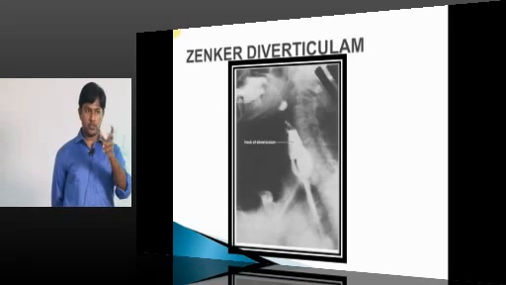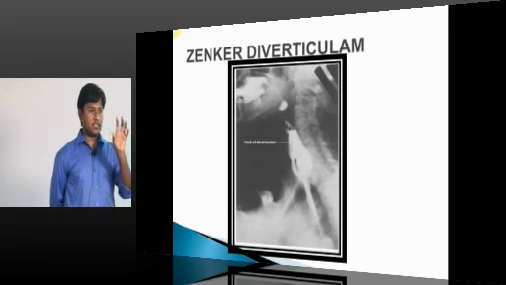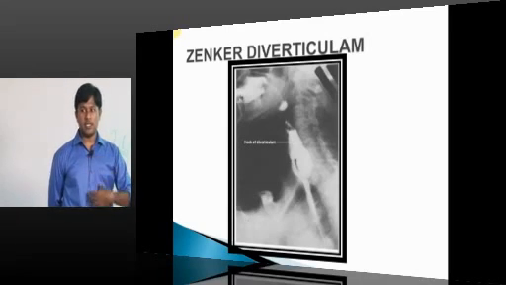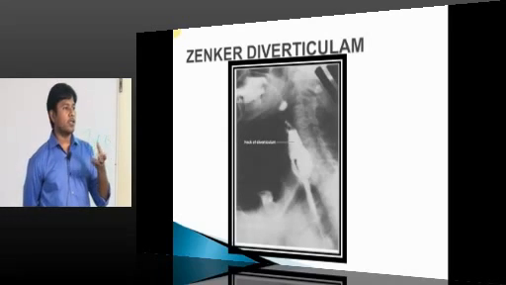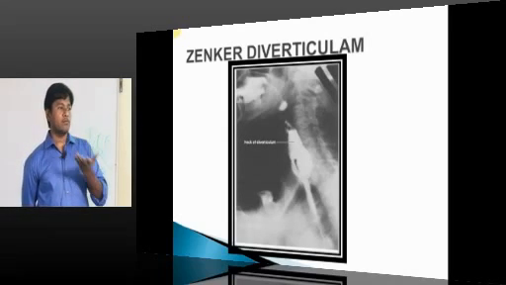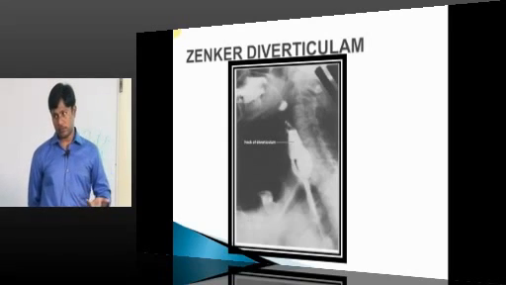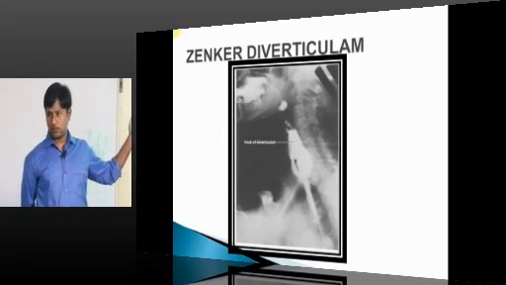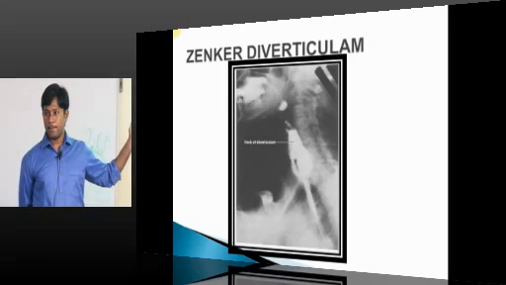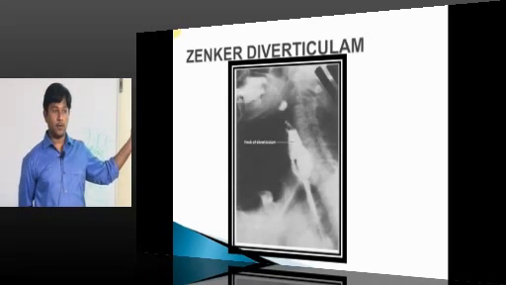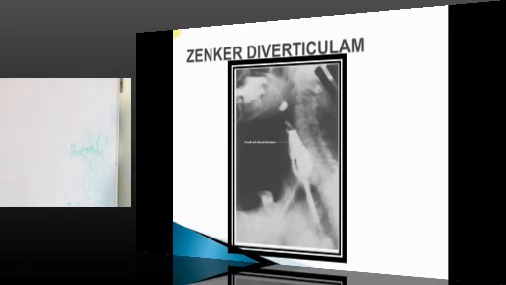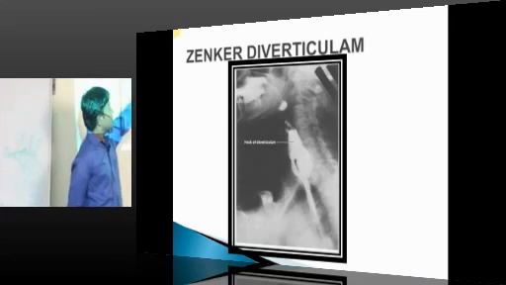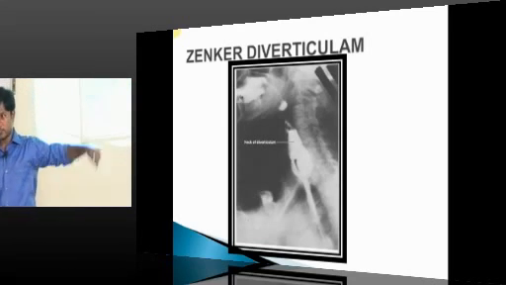It is because of the consistency. If it is thick, it will only line this part. If it is thin, it will easily enter your stomach. Barium swallow is used mainly for visualizing the upper parts. Barium meal is used for visualizing the lower parts. Now this is a barium swallow, because we are visualizing the upper part. You can see the diverticulum here. This is the esophagus and the diverticulum outpouching.